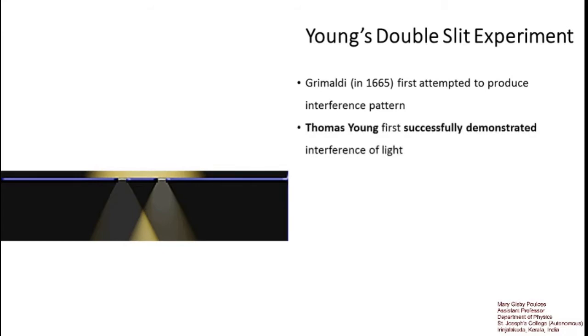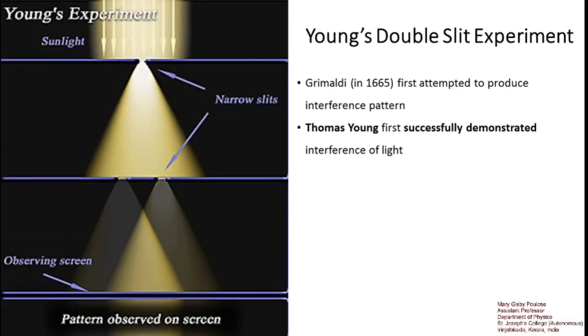Now, Thomas Young was the person who first successfully demonstrated interference of light. What he did was, he made sunlight to pass through a narrow slit first. Okay.